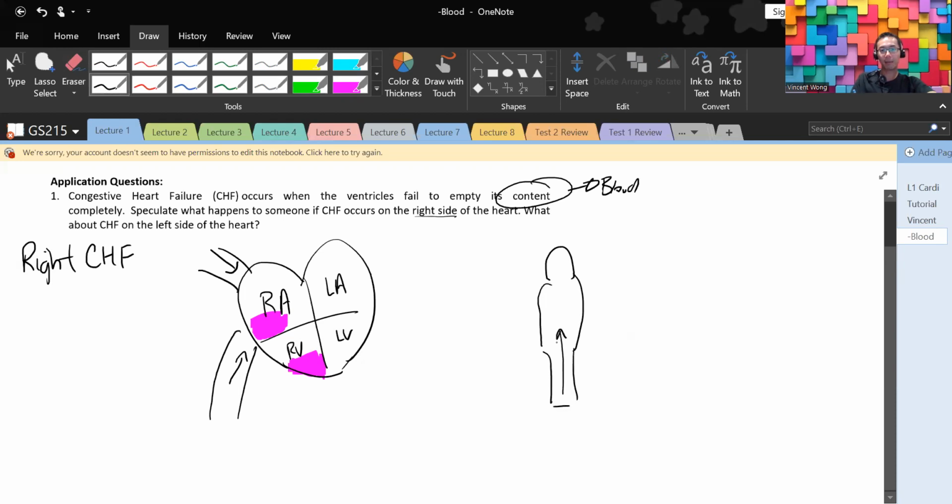They try to go back up, but they can't because it's blocked up. So now you will have blood starting to pool at the bottom of the body, right? Okay, so that would result in swelling of the leg. Okay, very severe swelling. Okay, in the case of right congestive heart failure.